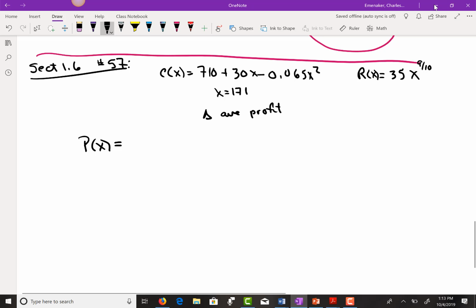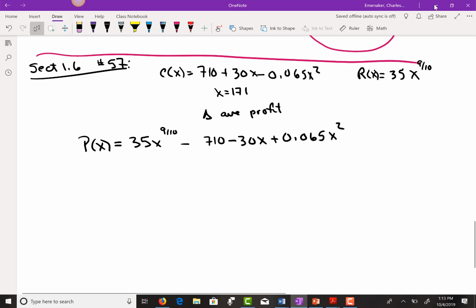So what it's going to be is this 35x to the 9/10 subtract the cost, which is this 710. And for time, I'm going to distribute the negative sign as I copy this down. Minus 30x plus 0.065x squared. That's your profit function.